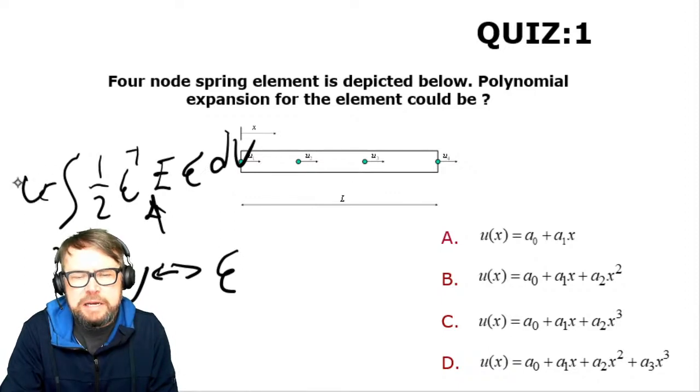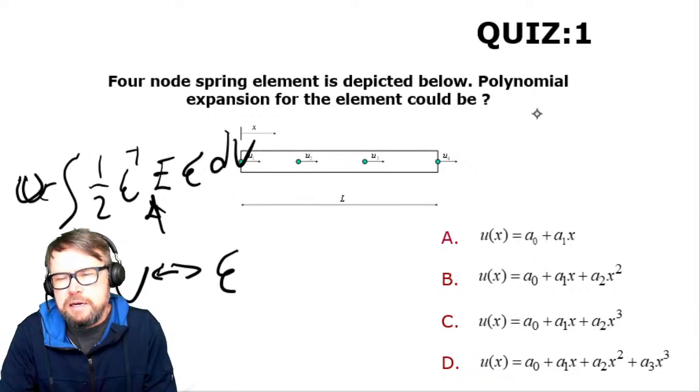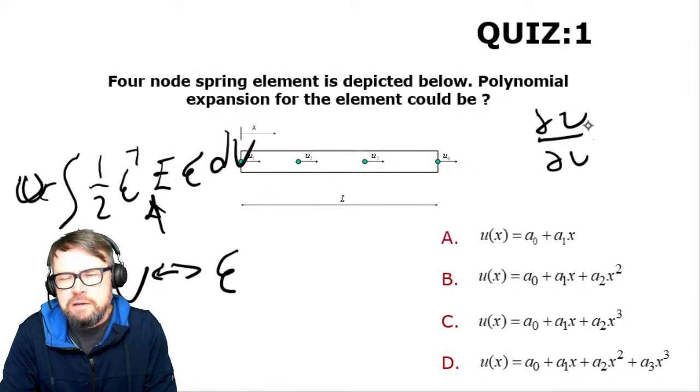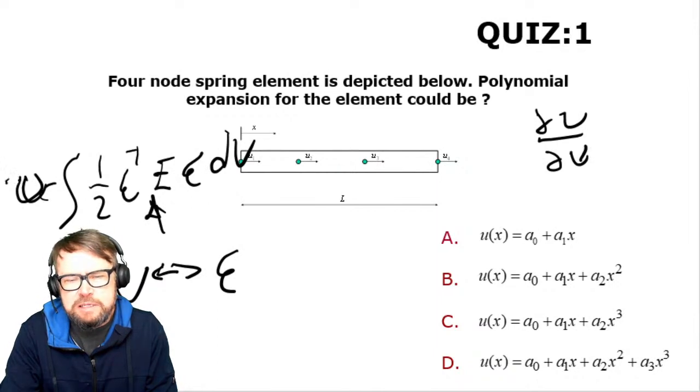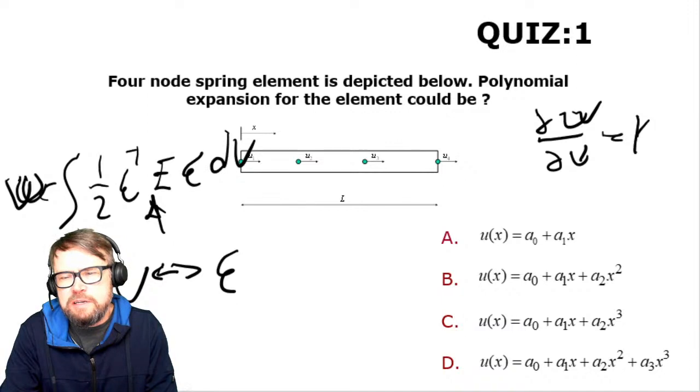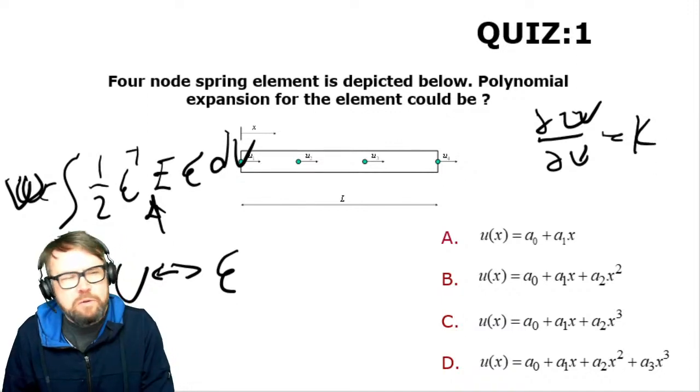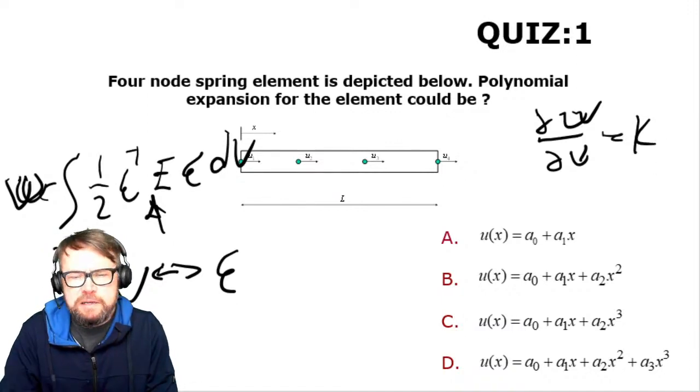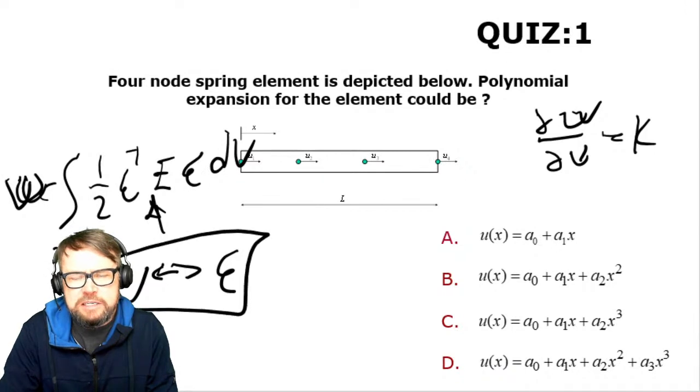That's going to give me my strain energy. And if I differentiate my strain energy with respect to my unknowns, which are nodes, I know that I'm using the incorrect notation here, but let's put it like W here. That's going to give me the stiffness matrix. That's what I'm going to do next. So we need to find the first relation between strain and displacement.